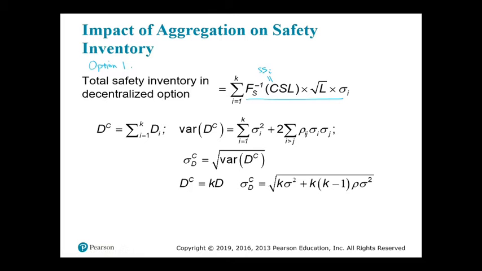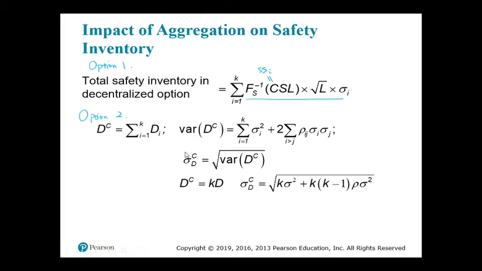The other option, option 2, we have a single retail store, and the demand faced by this store is the sum of all the demand in this area. So this D, let's call it DC, is equal to the sum of DIs.